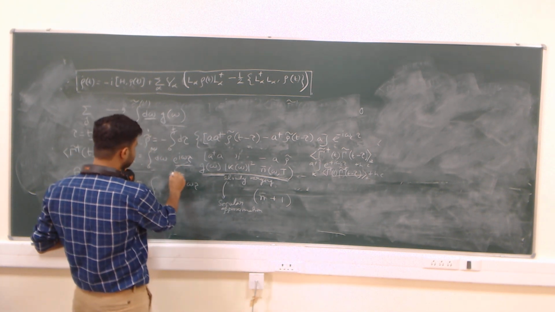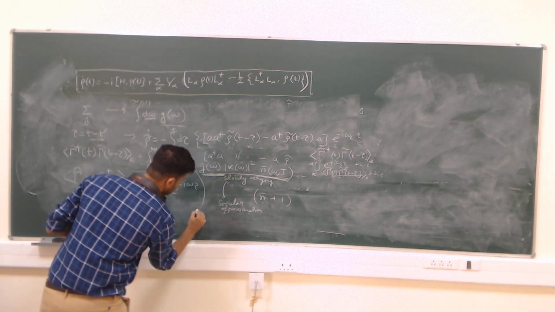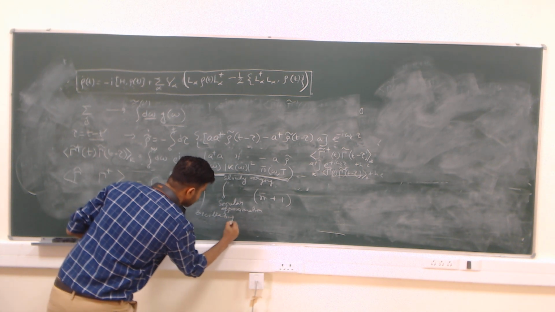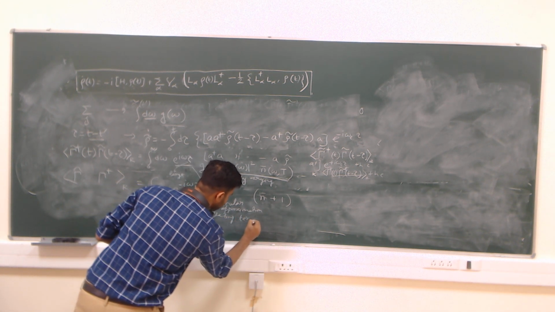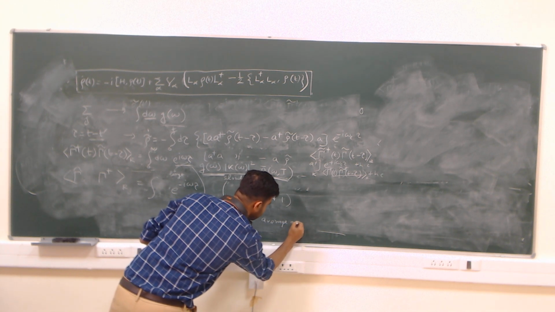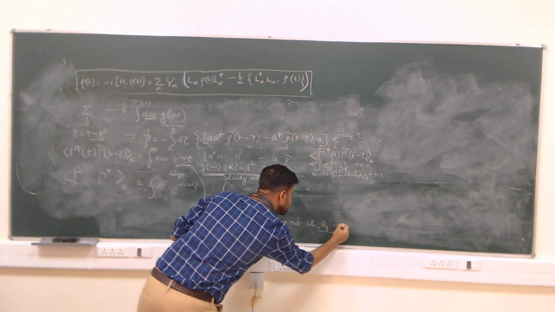So the idea is that these large oscillating terms average out slowly varying terms.